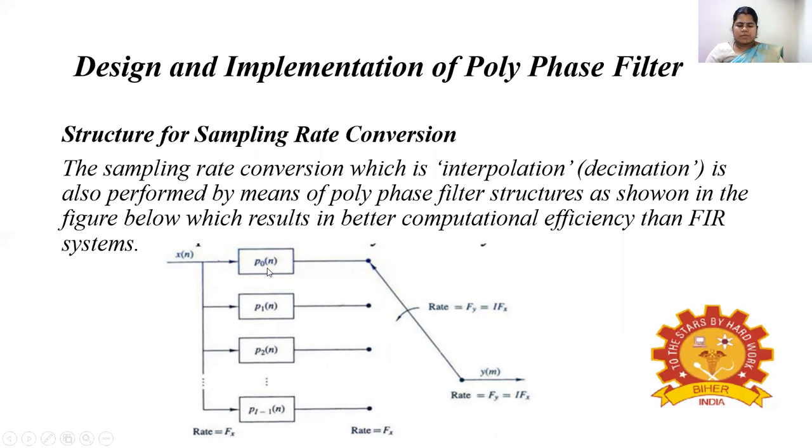In parallel, the filters are low pass, that is, the interpolation filters are connected. Here the sampling rate conversion, which is interpolation or decimation, is also performed by means of a polyphase filter structure. By this, we can attain better computational efficiency when compared to the FIR system.